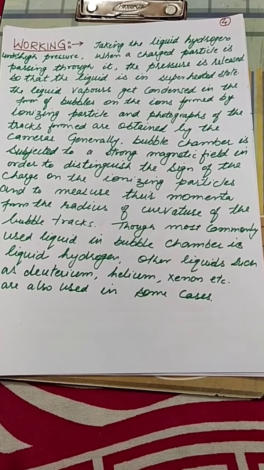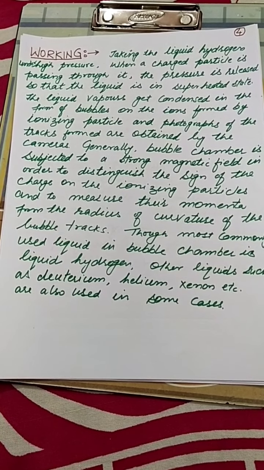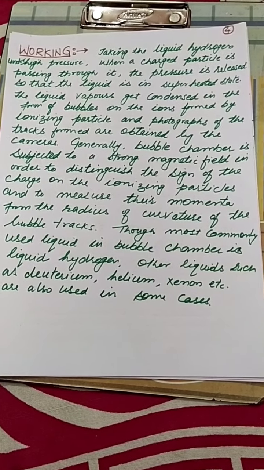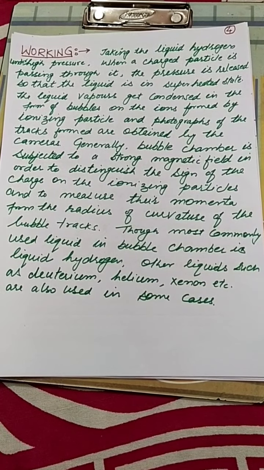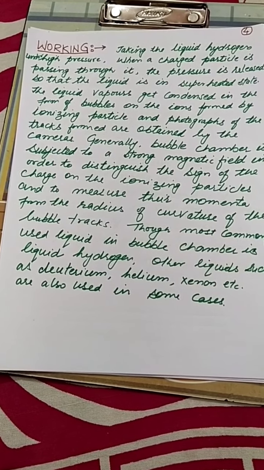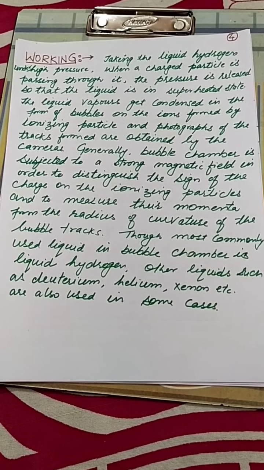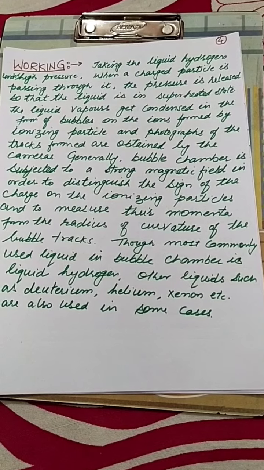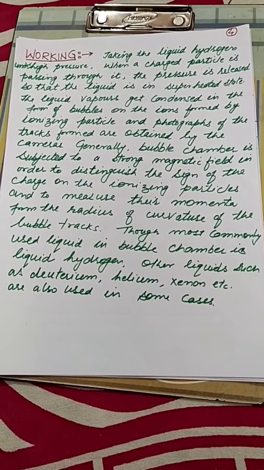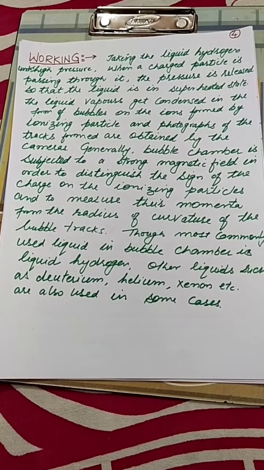Generally, the bubble chamber is subject to a strong magnetic field, in order to distinguish the sign of the charge on the ionizing particles and to measure their momentum from the radius of curvature of the bubble track. The track is captured through the camera. The most commonly used liquid in a bubble chamber is liquid hydrogen, as shown in the schematic diagram. Other liquids such as deuterium, helium, xenon and propane are also used in some cases.